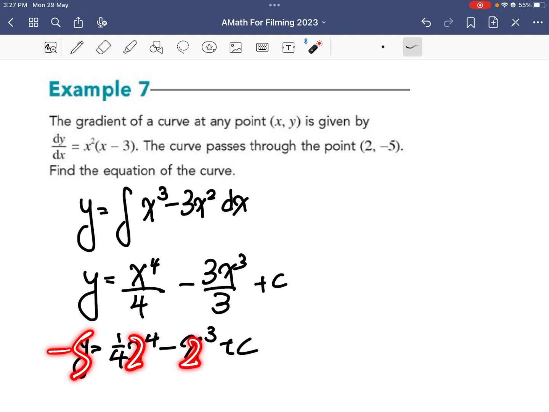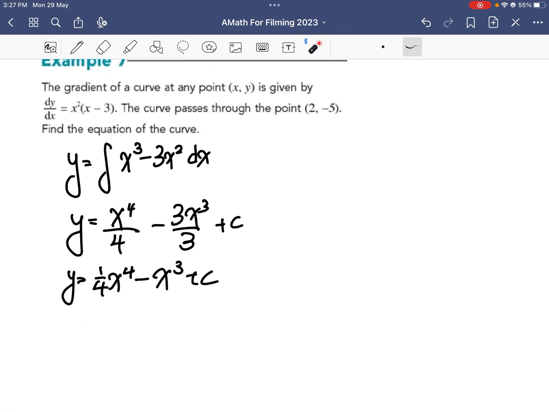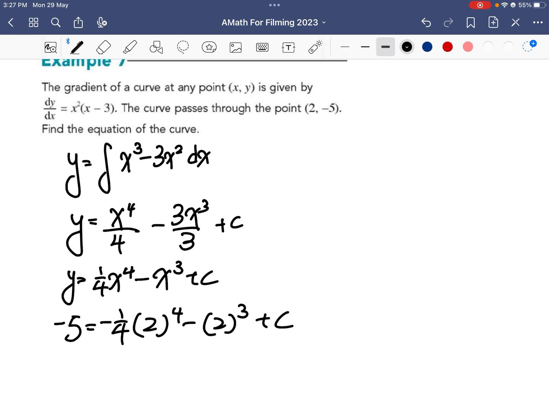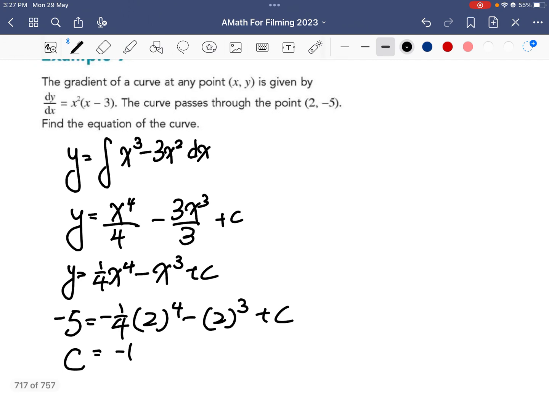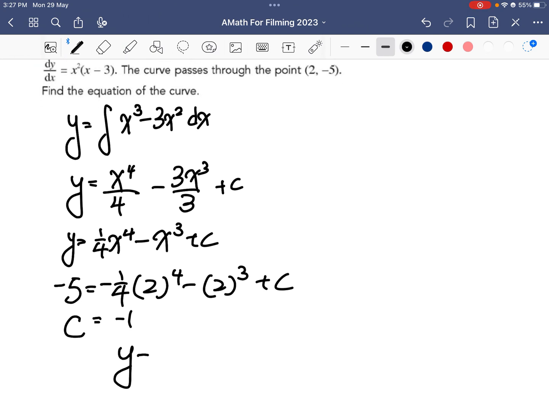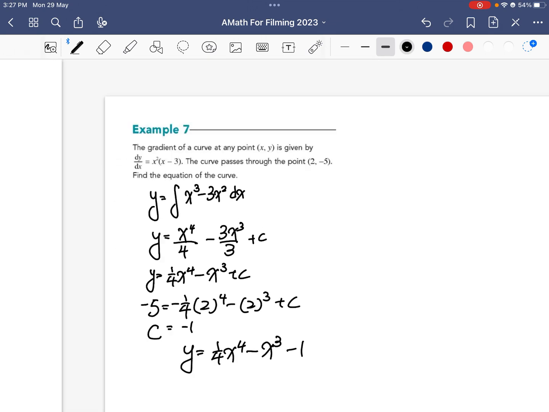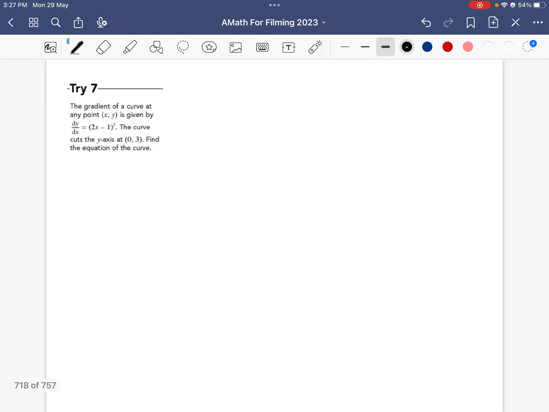So I sub here as negative 5, this as 2, this as 2. If you do all of that, what we get is negative 5 equals 1/4 times 2 to the power of 4 minus 2 to the power of 3 plus c. My c value in this case is negative 1. Hence, the equation of the curve is y equals 1/4 x to the power of 4 minus x cubed minus 1.